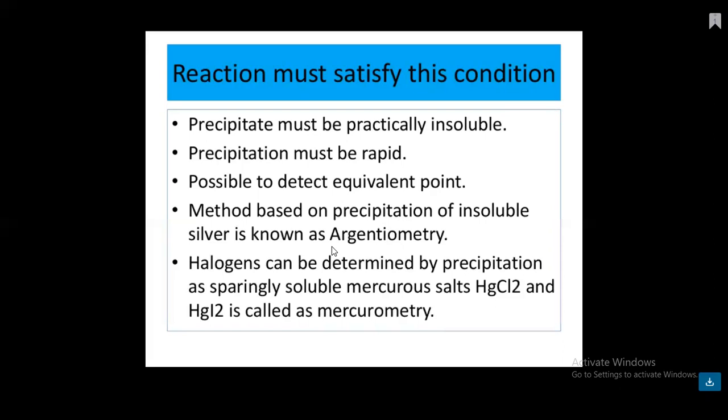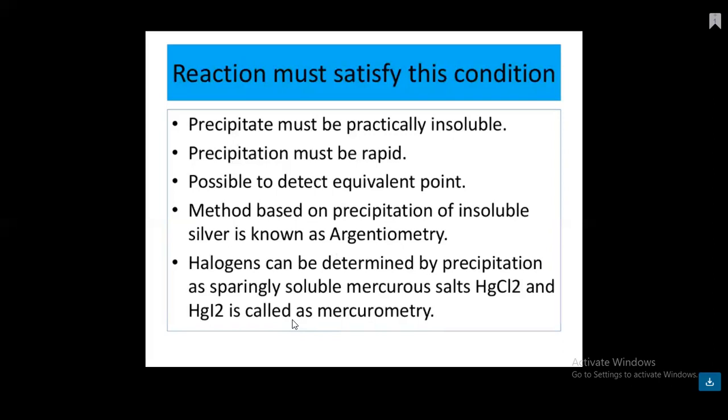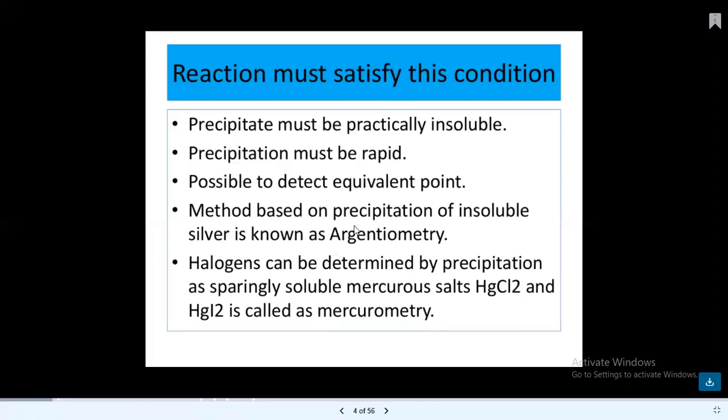Titration involving the estimation of ions by precipitation with a standard mercuric nitrate solution is called mercurimetry. When we use silver nitrate, it is called argentometry, and when we use mercuric nitrate, it is called mercurimetry. So depending upon the name of the titrant, we have different types of precipitation methods.